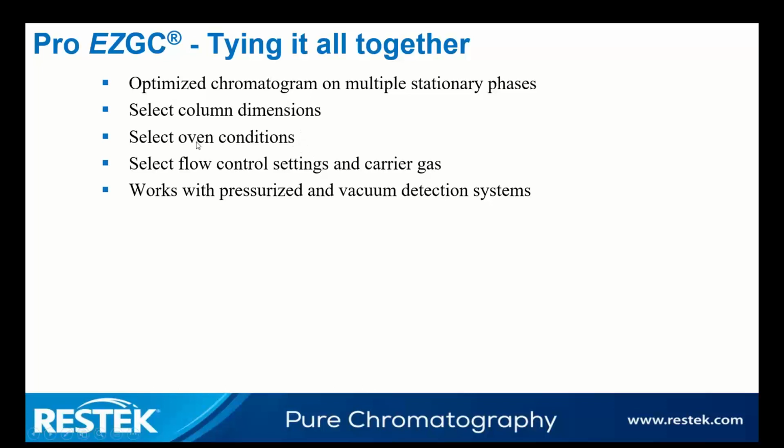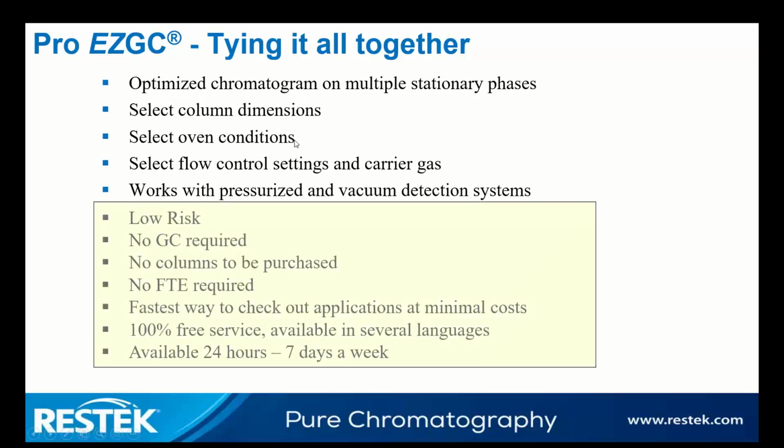So you can make your own selected oven conditions. And again, you want to take that into consideration with your starting temperature. You don't want to start with too high of an oven temperature. You're going to compromise the volatile resolution at the front end of your chromatogram. Again, you can switch carrier gases if you're looking for nitrogen or hydrogen.